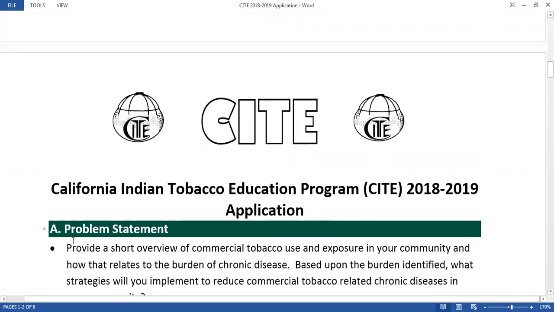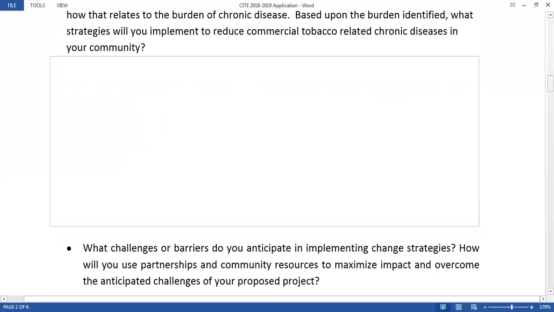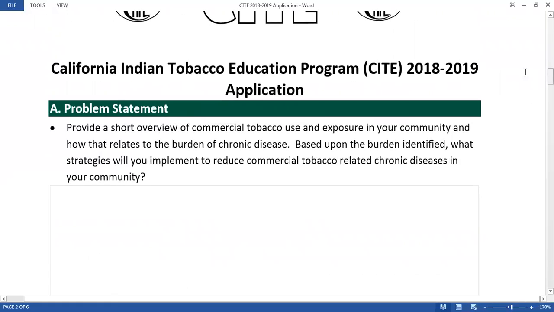It says on problem statement, provide a short overview of commercial tobacco use and exposure in your community and how it relates to the burden of chronic disease. Based upon the burden identified, what strategies will you implement to reduce commercial tobacco-related chronic diseases in your community? So this one is because it's focused on commercial tobacco.